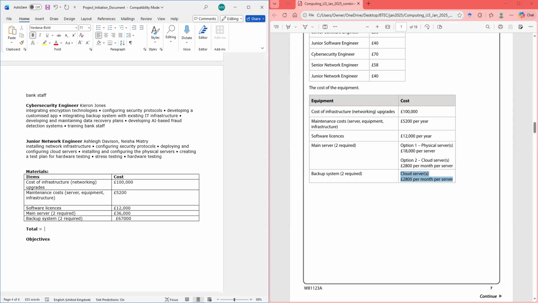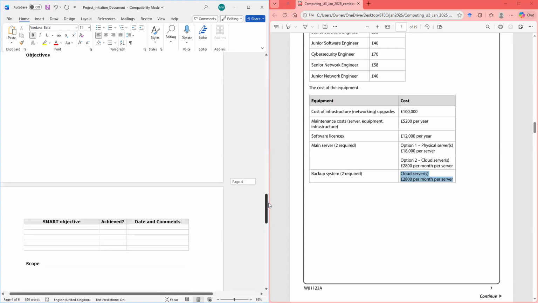Plus 52,000 plus 1,000. 220,040. So that's 220,000 pounds. So we're hitting the 220,000 pounds already. So that's our total cost. We have to put it.